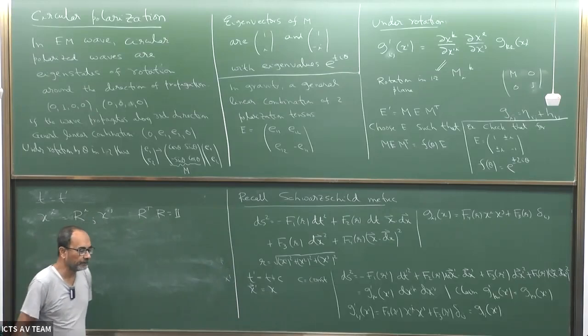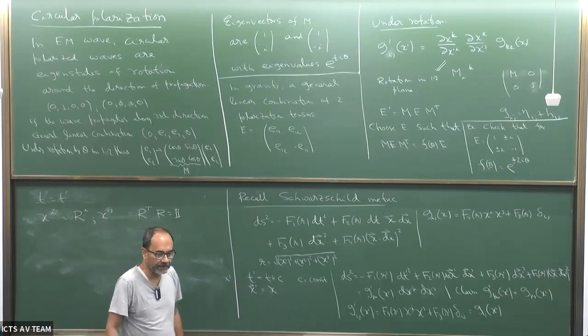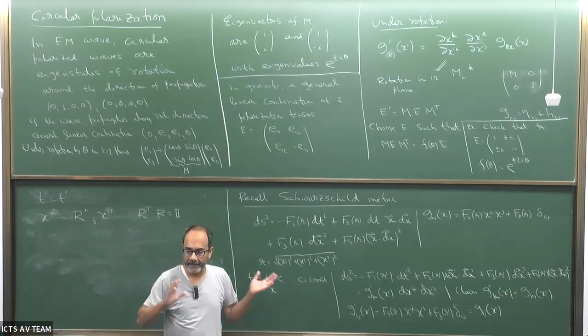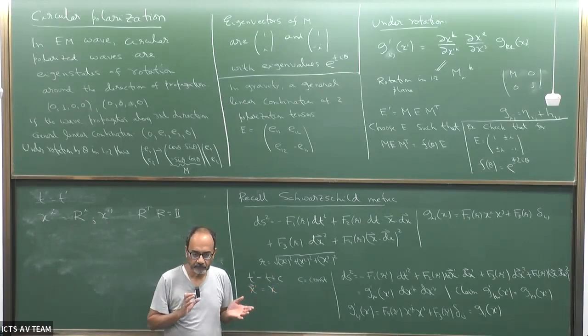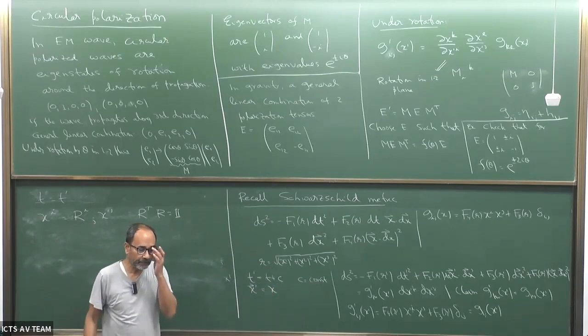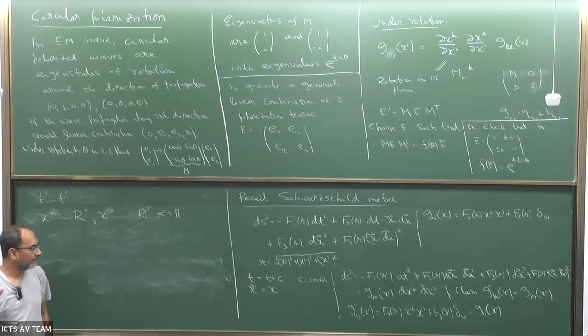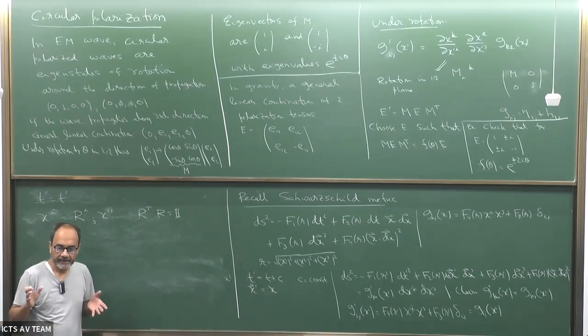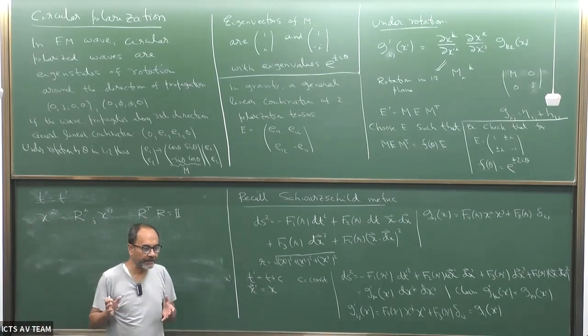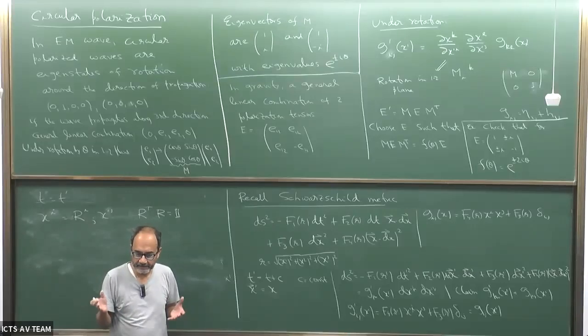So the symmetries of the Schwarzschild metric that we had seen are isometries. But when you think in terms of isometry, one feature is that the existence of an isometry doesn't depend on the choice of coordinates.